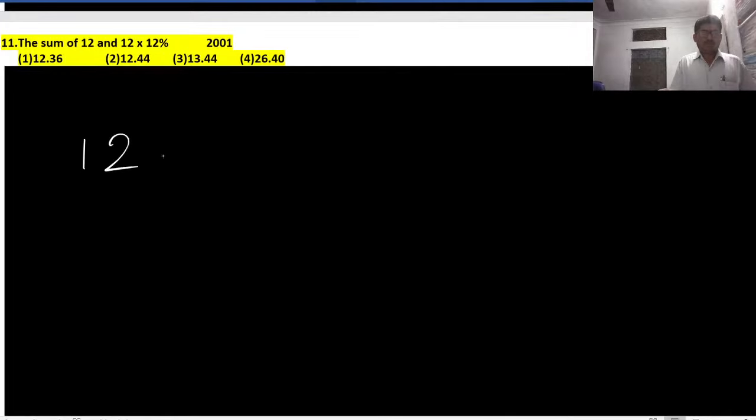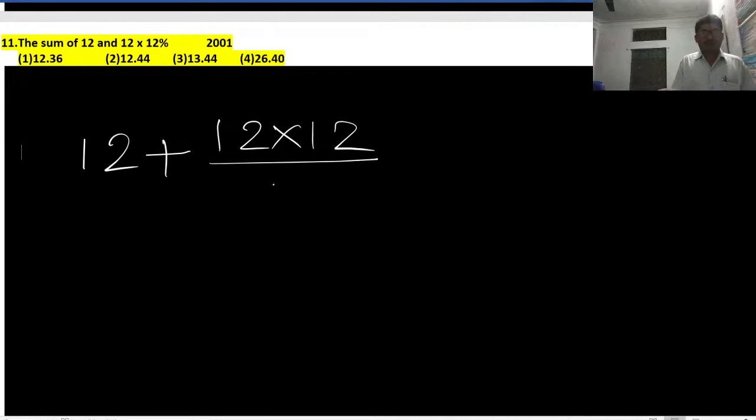Sum means you have to add 12 into 12%. 12 into 12% means by 100.